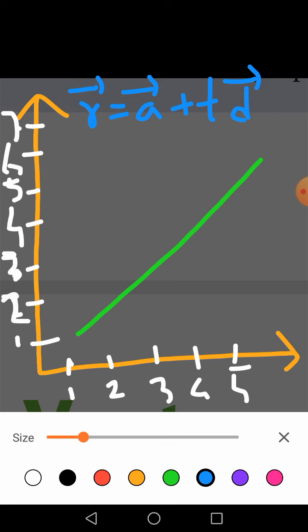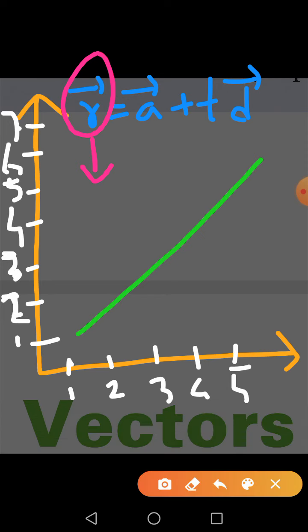Okay, now let me tell you what does each quantity express. Okay, so this r refers to the coordinate point, or the position vector that you are looking for. All right. Okay, now this a is the position vector of any known point on the line.